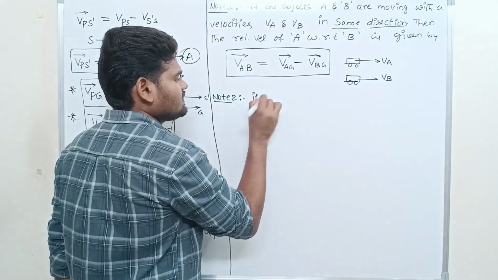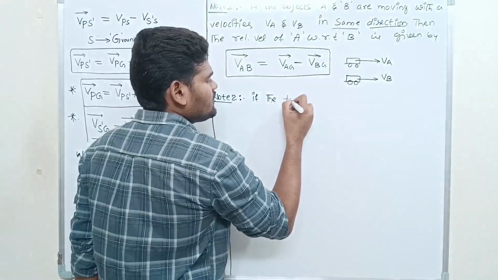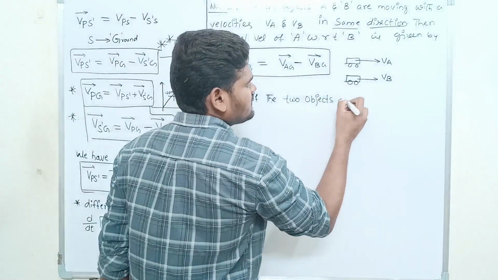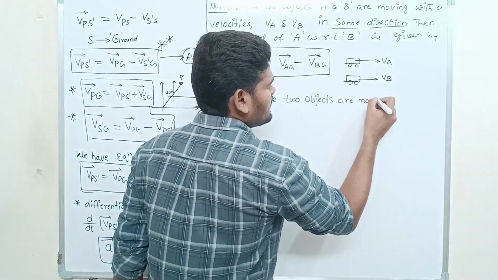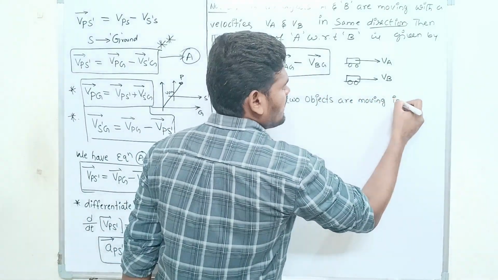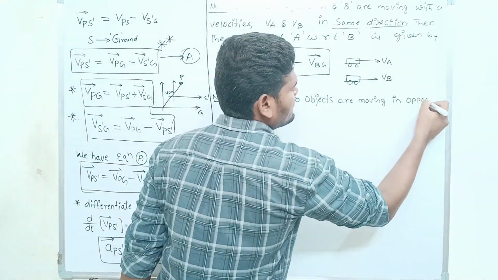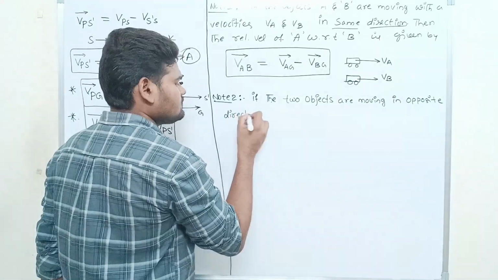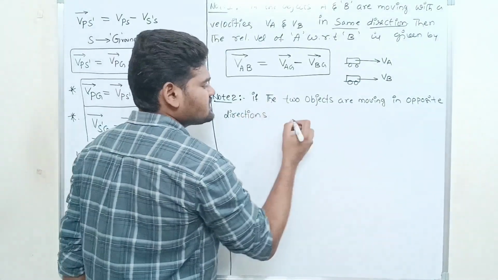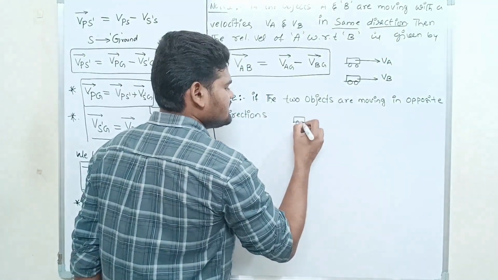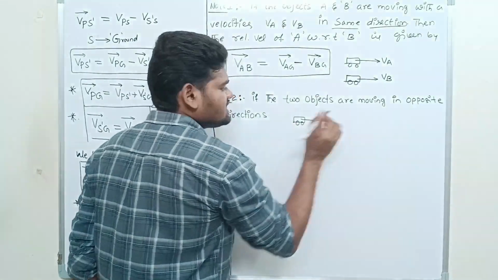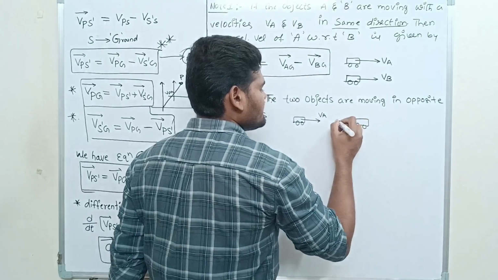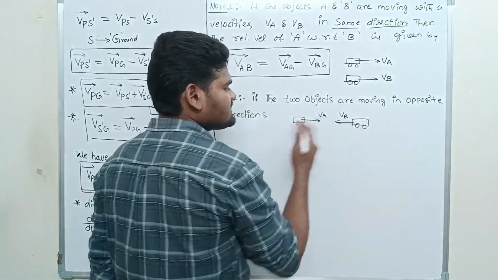Note number 2. If the two objects are moving in opposite directions, that means the velocity of object A is in this direction, and the velocity of object B is in this direction.